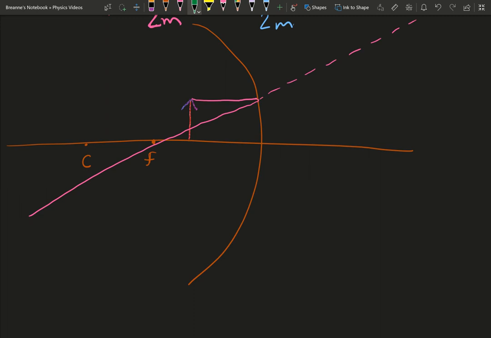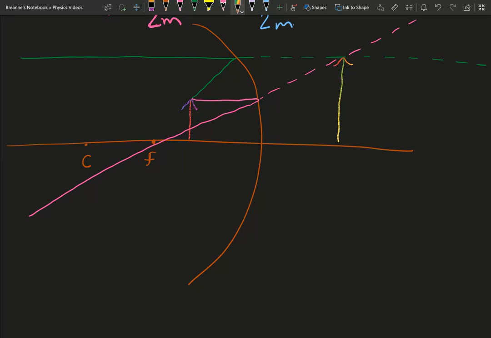Then you're going to draw one that crosses the focal point and then goes straight out. Again, don't forget your sight lines. Where those two lines cross is where your image is going to be. So your image would be there because they crossed there.